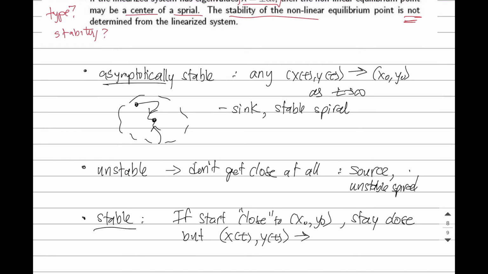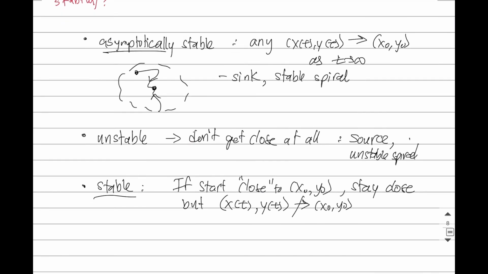It's not necessarily true that you converge. So this is what we talk about when we think of centers, for example. We don't necessarily have to get pulled in. We could stay somewhere in there and we might just float around, or there might be some other complicated behavior.